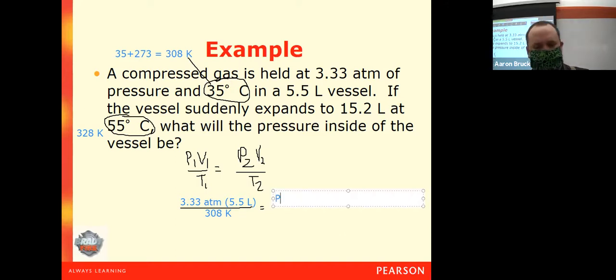I don't know what the pressure is under the new conditions, but I know that the volume is now 15.2 liters, and we are at 328 Kelvin.